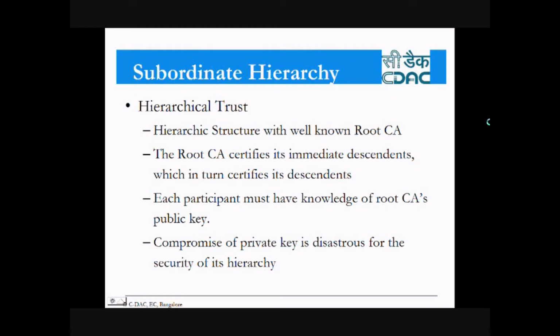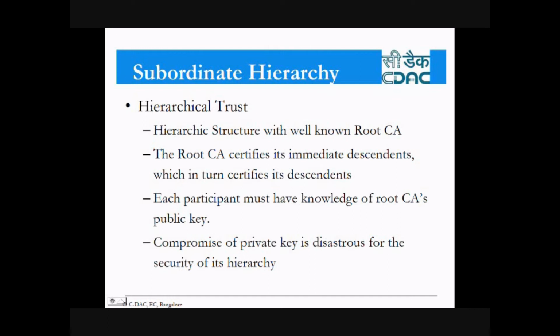All the certifying authorities will come below the root certifying authority, and each participant must have the knowledge of the root certifying authority's public key. This is the trust model which is followed in our country, India. In this model, the CCA, Controller of Certifying Authorities, has set up the Root Certifying Authority of India, RCAI, and they act as the Root Certifying Authority.